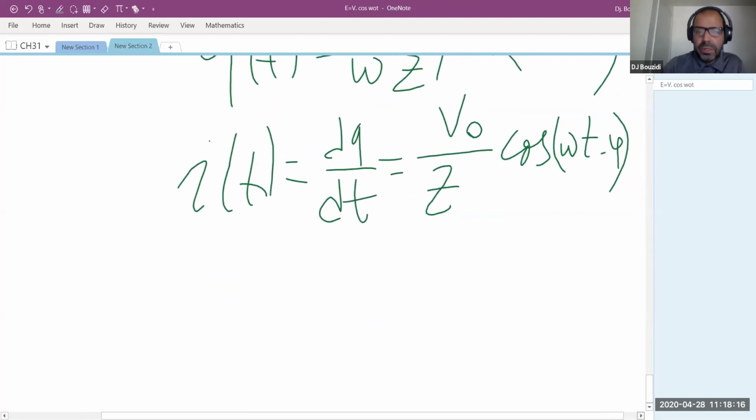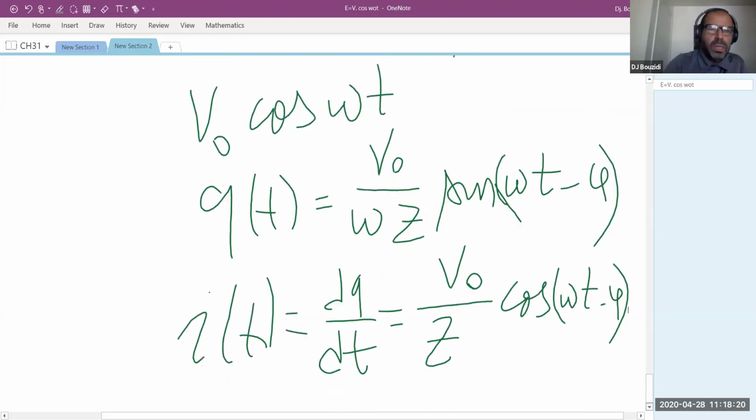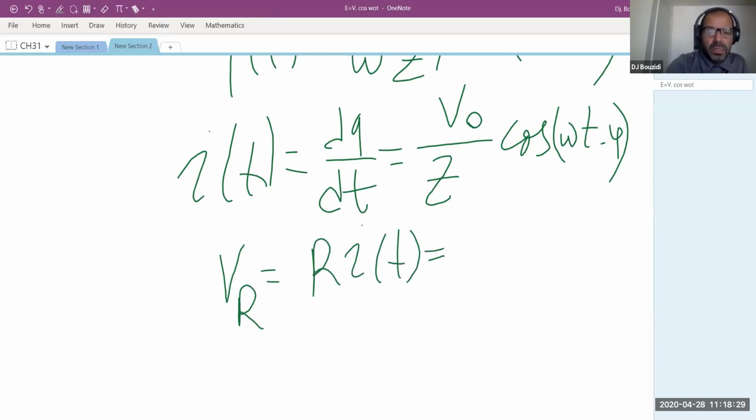Now, let's start with the inductor first, because, first of all, the V across the R is just R times the current. This is Ohm's law at its best. So it's R times this value, so it's V naught R over Z times the same cosine.